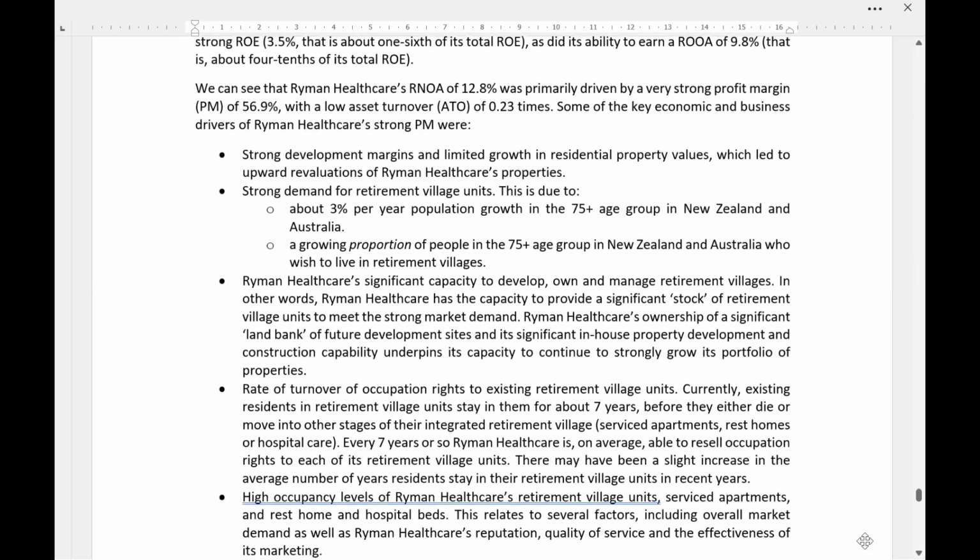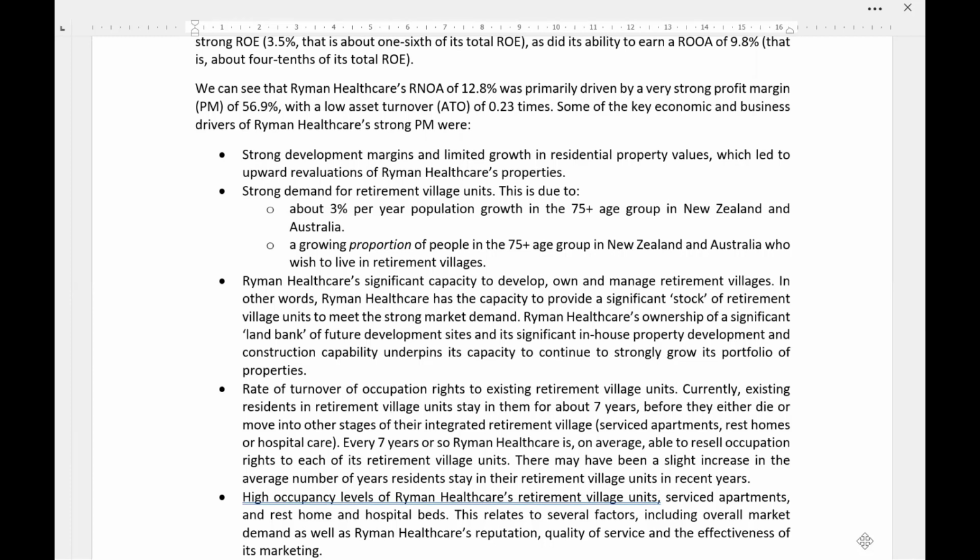We can see that Ryman Healthcare's return on net operating assets of 12.8% was primarily driven by a very strong profit margin, PM, of 56.9%, with a low asset turnover, ATO, of 0.23 times.